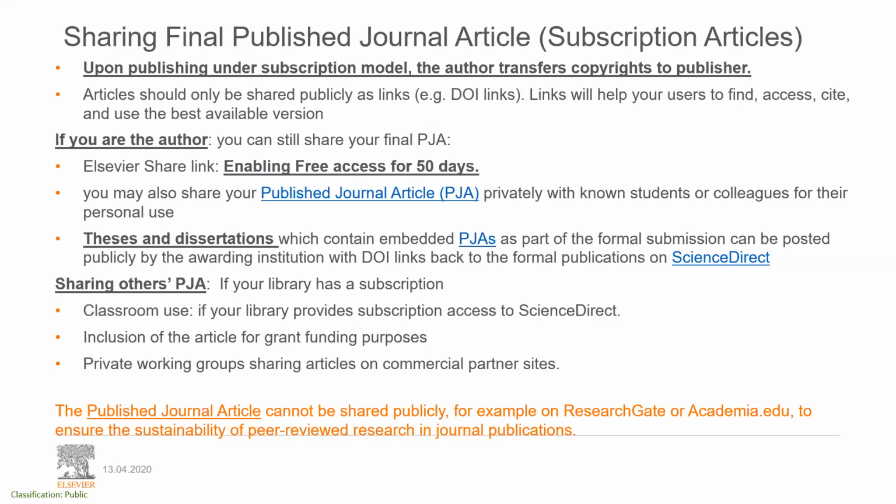So the proper way for sharing your article, if you have published a subscription article, is either to share the accepted manuscript after the embargo period, for the few exceptions for immediate sharing, to share your preprint, and if you want to share the published journal article, you should use the DOI link.